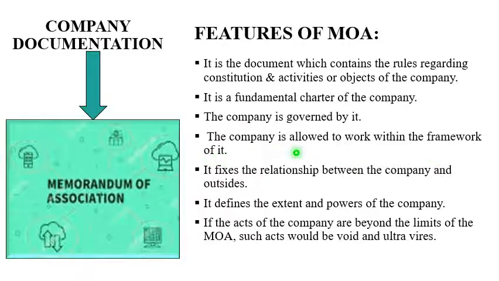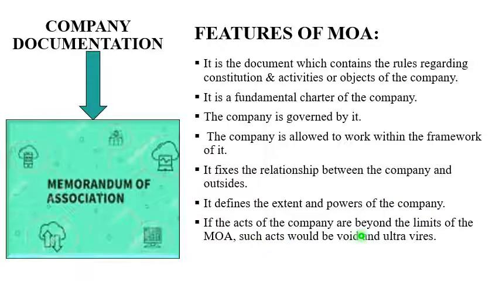The company cannot go beyond the powers mentioned in the clauses of the Memorandum of Association. The company can work within the limit of those clauses. It fixes the relationship between the company and outsiders. Then it defines the extent and powers of the company.